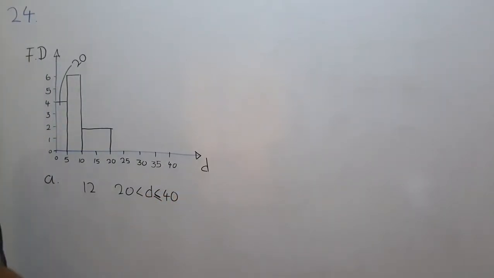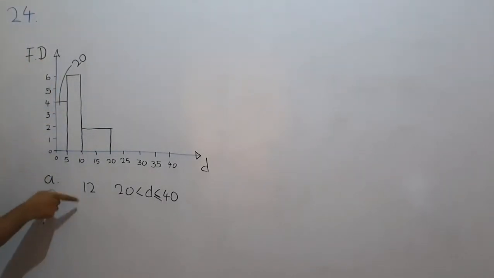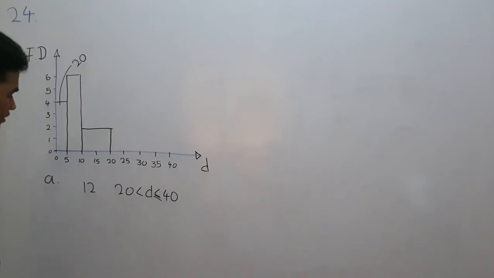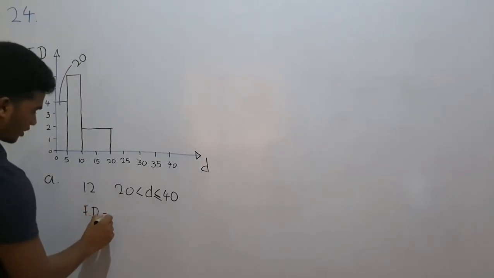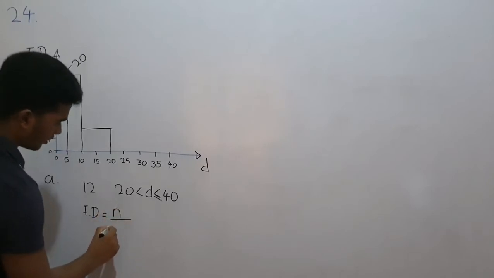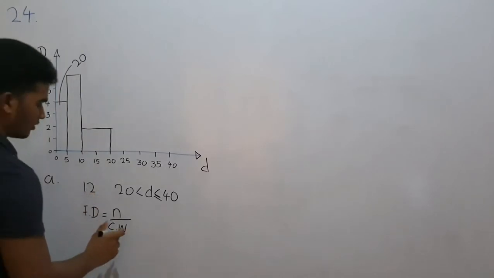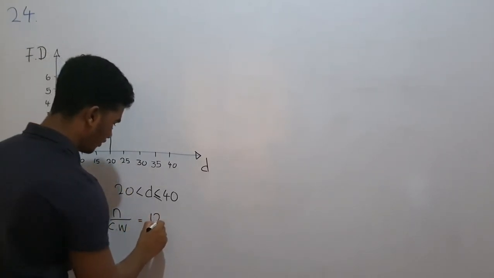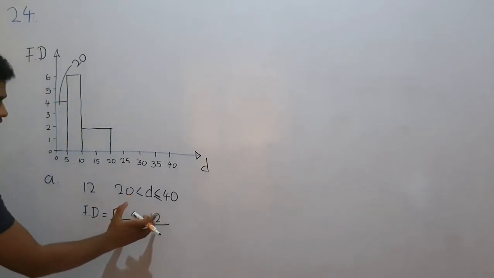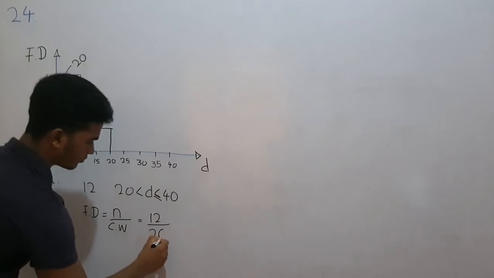Now, before marking it on the histogram, we should get the frequency density. Frequency density is equal to number over the class width. So the number of workers is 12, divided by the class width, 40 minus 20, that is 20.